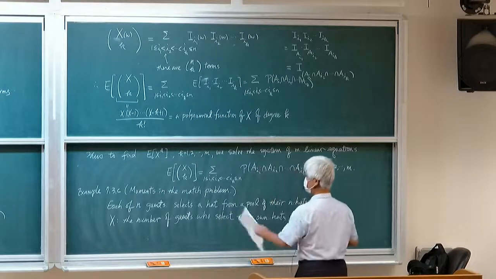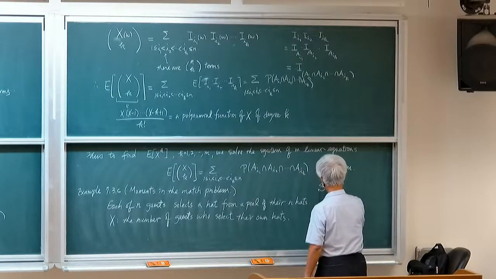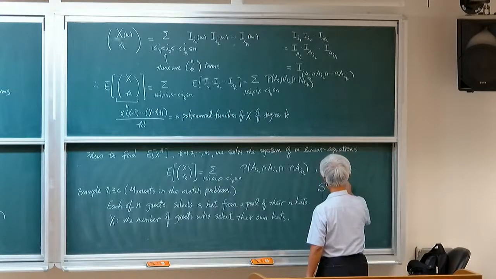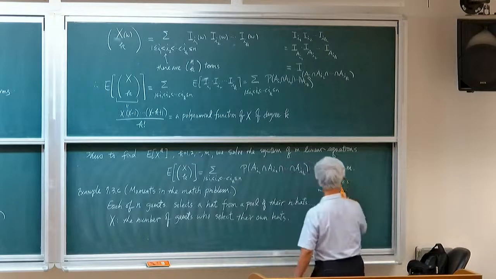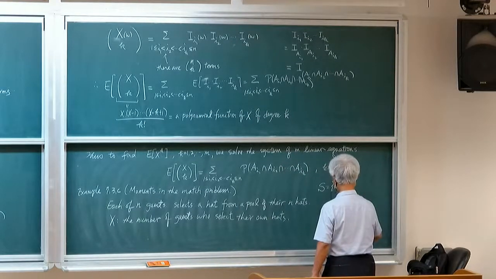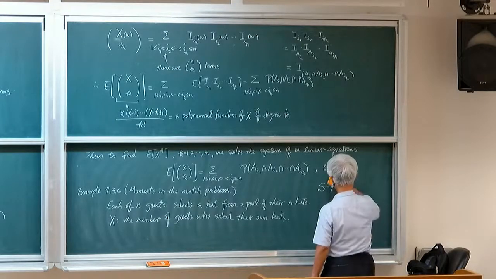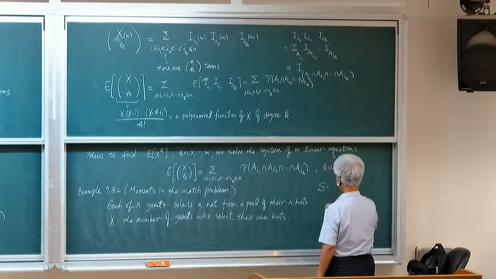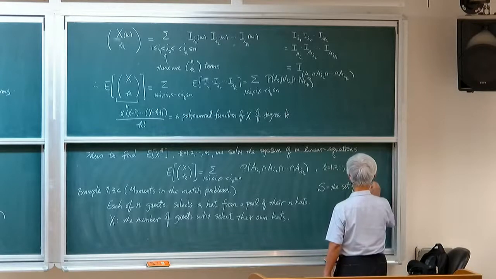And in that problem, we know that the sample space, sigma, is the set of all n factorial permutations.